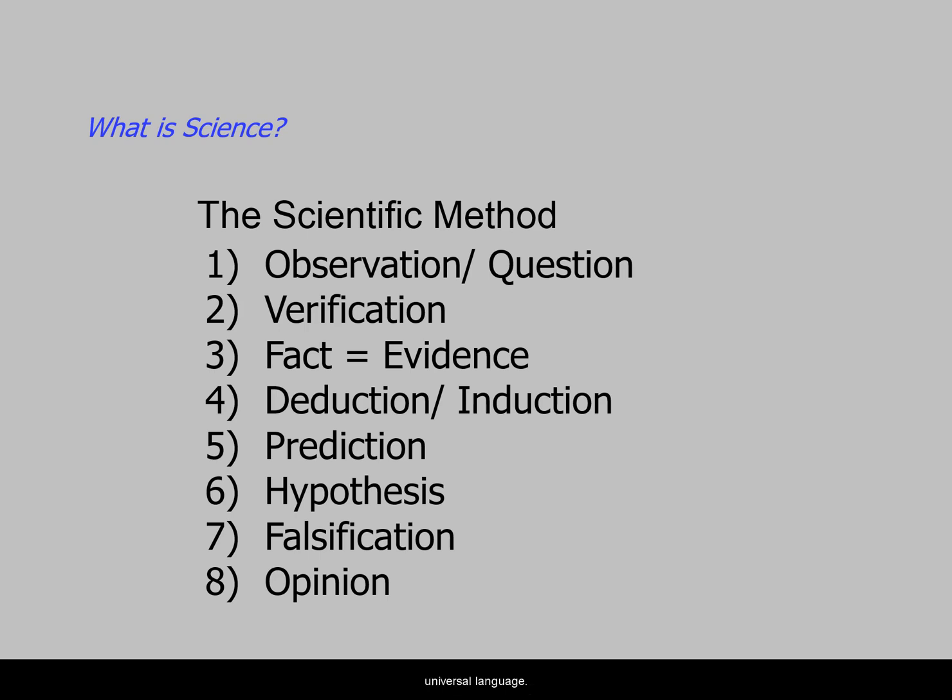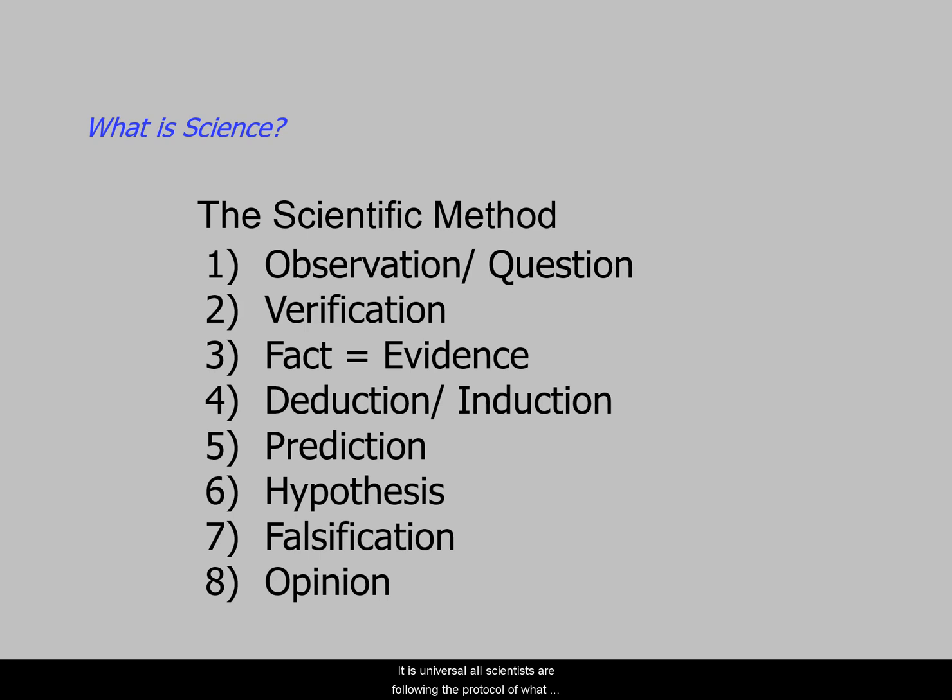So universal language, or another way to say it, the universal process, the universal method that all scientists use to undergo the scientific method. And the reason behind the strength of the scientific method is that it is universal.